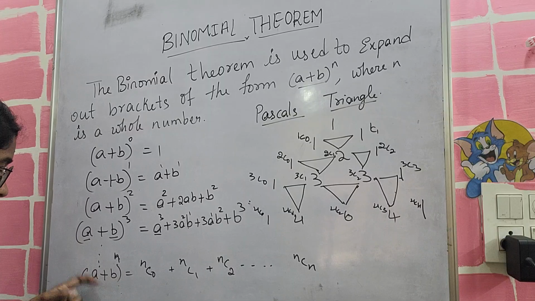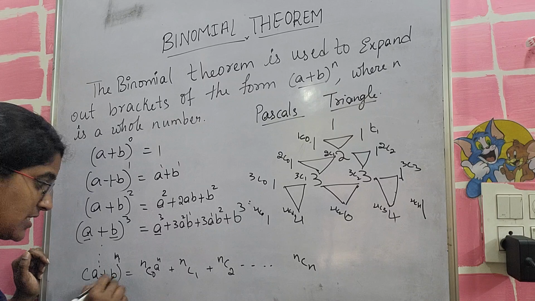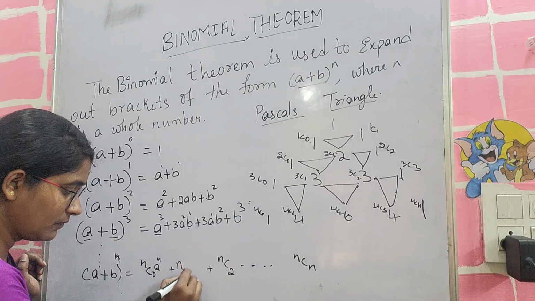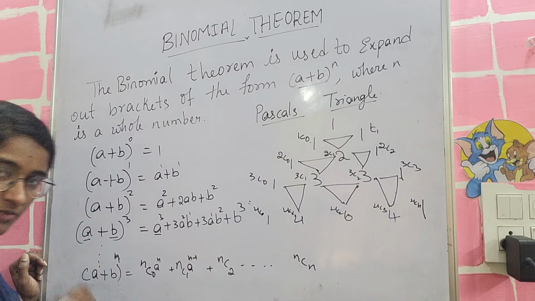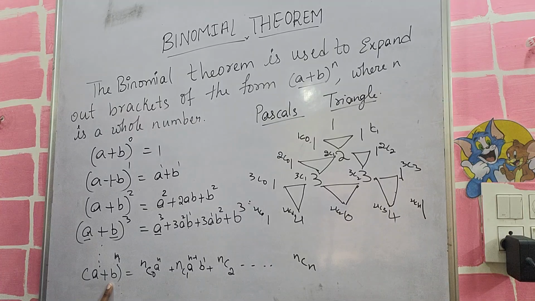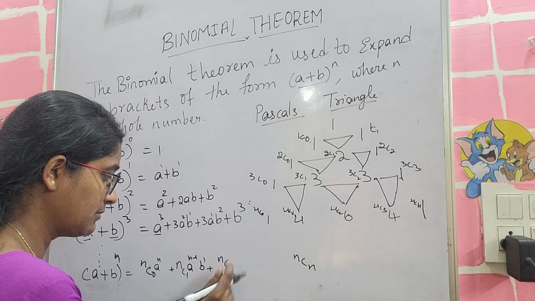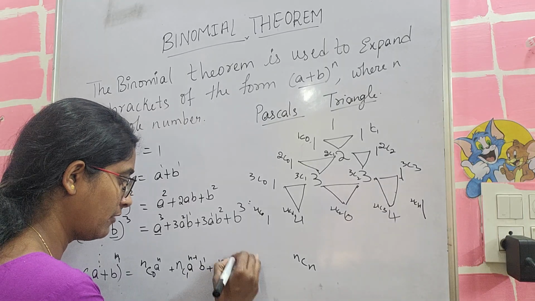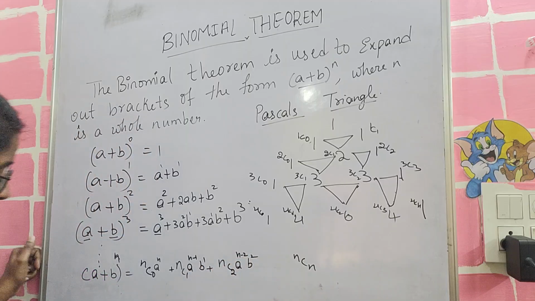So first one is a power of n, then b is not there in the first term. Then nc1, a power of n minus 1 is reduced, then b power of 1, right? The next one, the third term here, is nc2, so here is a power of n minus 2, then b power of 2, right?